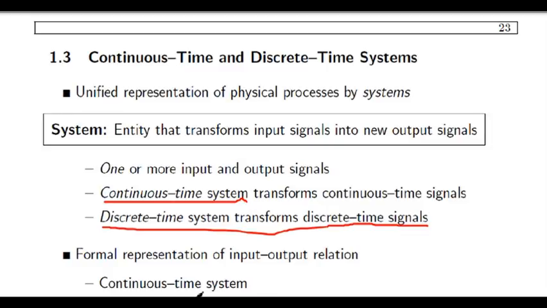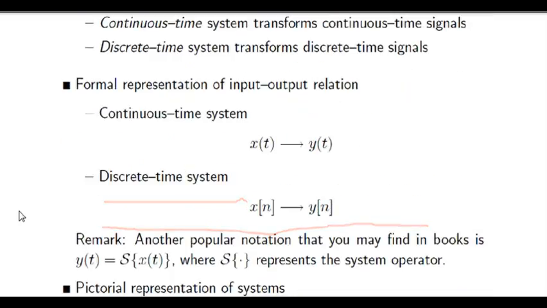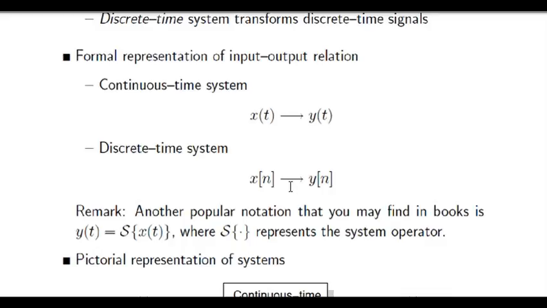There is a formal representation of the input output relation which is used generally everywhere. For continuous time we represent a system by x(t) arrow to y(t), and for discrete time x(n) to y(n). Here x(t) is the input signal and its corresponding output is y(t), and here x(n) is the input signal and its corresponding output is y(n).